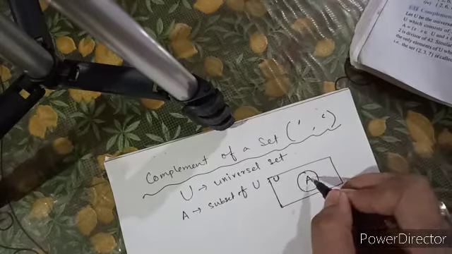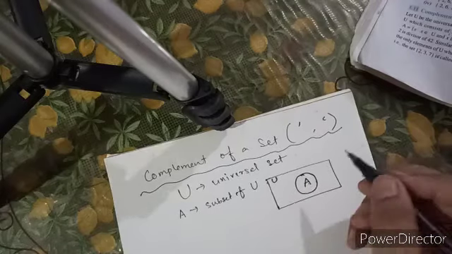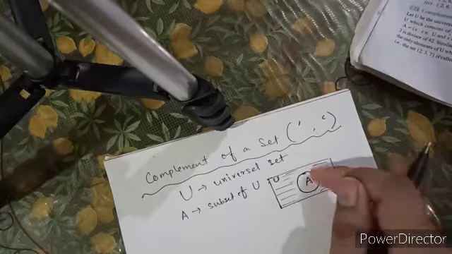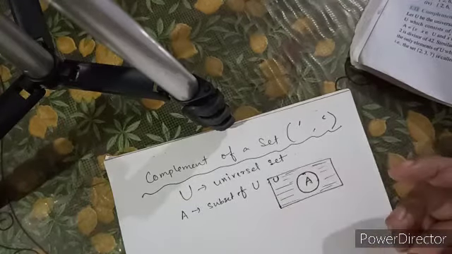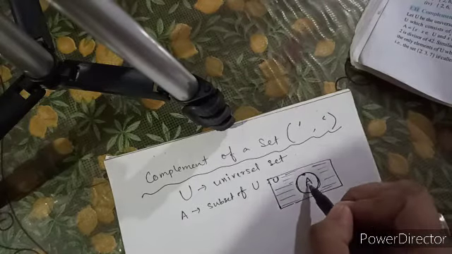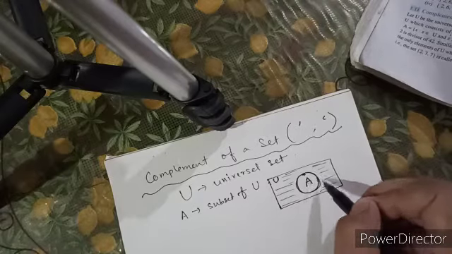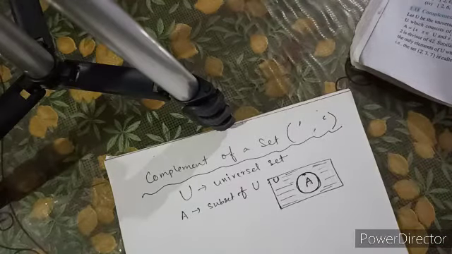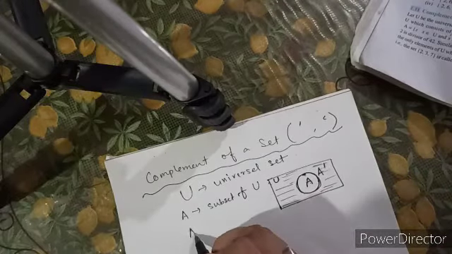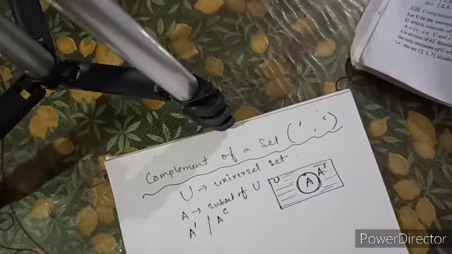So elements present in A will be a subset of the universal set, and the elements outside the set A will also be a subset of U. The elements present inside the set are known as A, and the outside will be known as A dash, that is, the complement. It is shown either by this or by this.